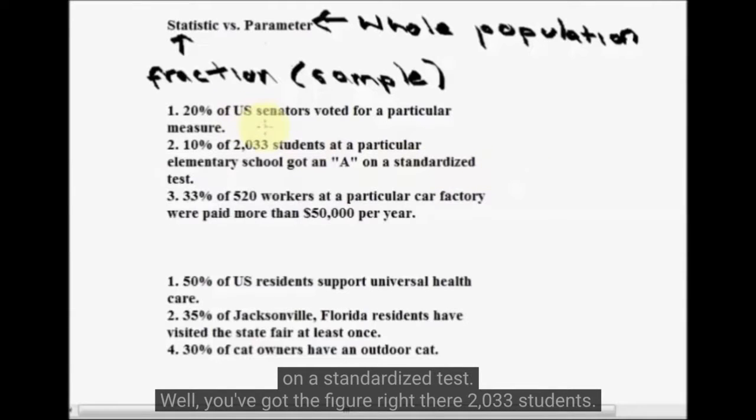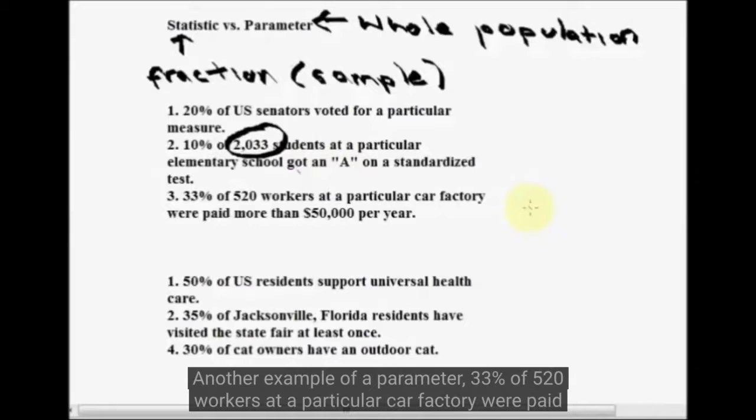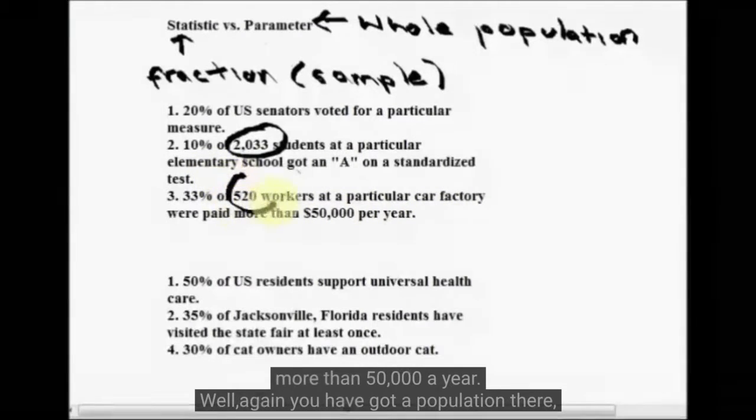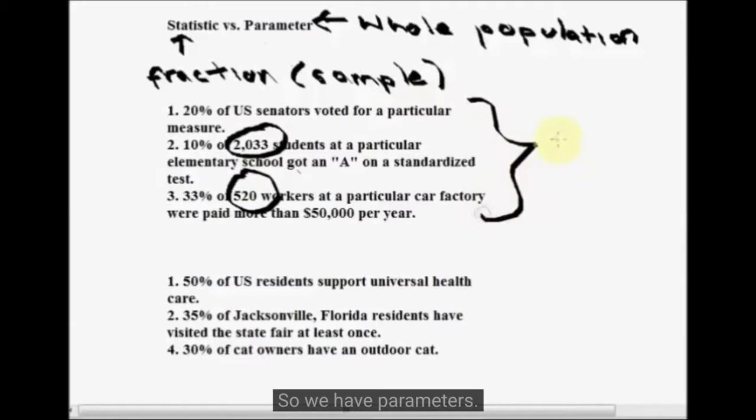Well, you've got the figure right there, 2,033 students. So you're being told that all of them were surveyed. Another example of a parameter, 33% of 520 workers at a particular car factory were paid more than $50,000 a year. Well, again, you've got a population there, 520. So this is a set of facts about the whole population. So we have parameters.